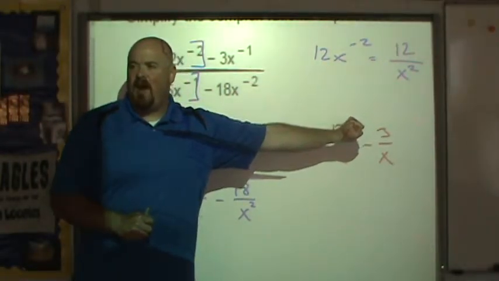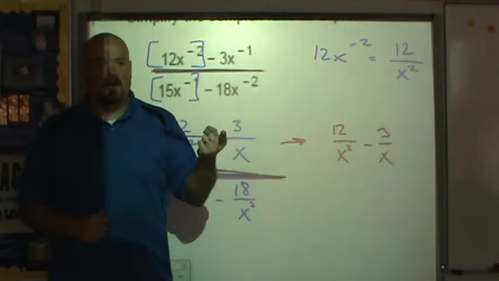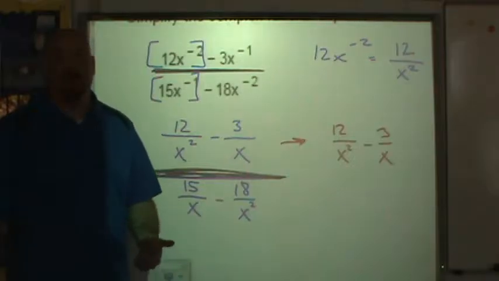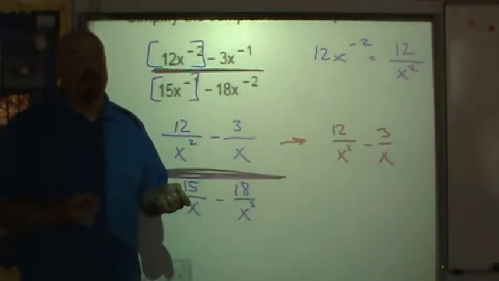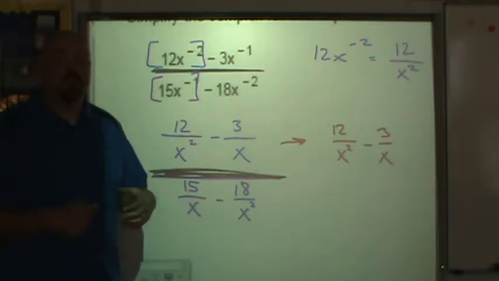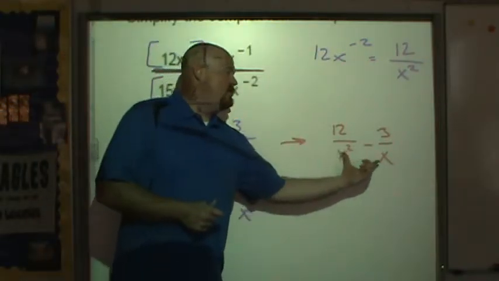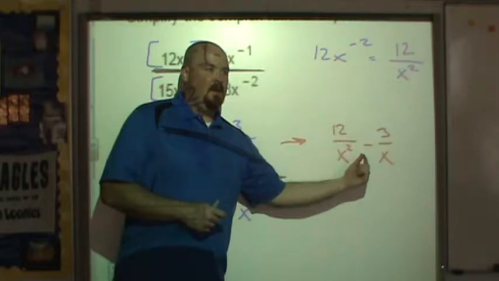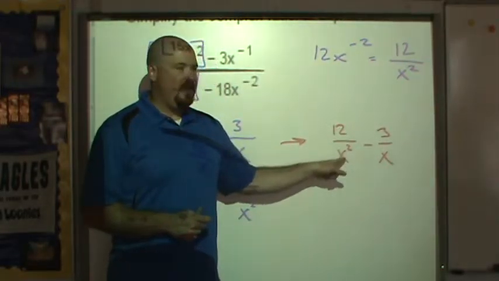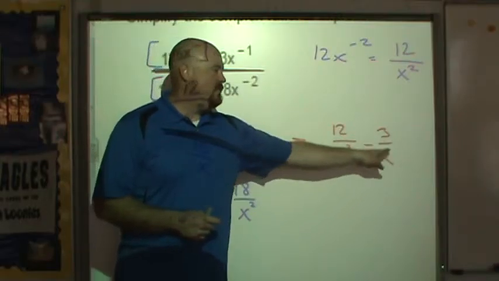But to create one fraction, we need a common denominator. Very good. The best way is to identify the least common denominator. The fastest way is to just multiply them. But I don't need to do that in this instance because this is a multiple of that.